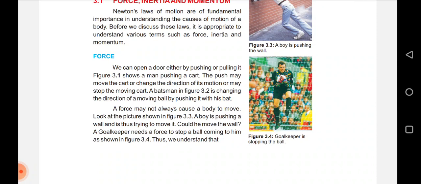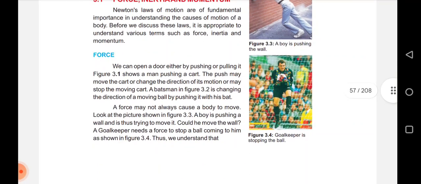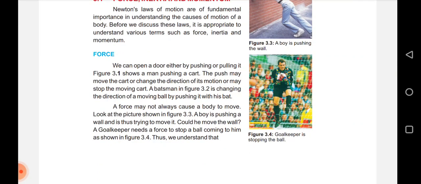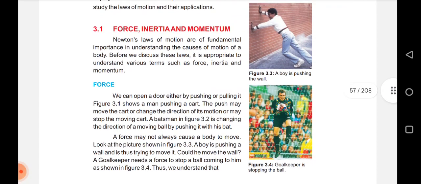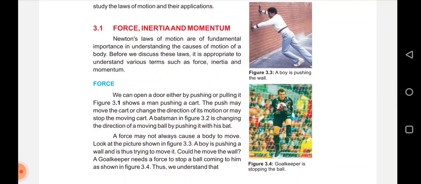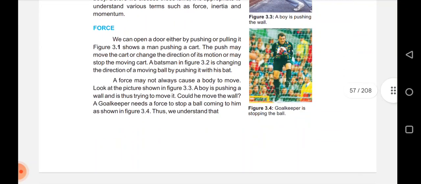Look at the picture as shown in figure 3.3. A boy is pushing the ball and is thus trying to move it. Could he move the ball? A goalkeeper needs the force to stop the ball coming to him, as shown in figure 3.4.